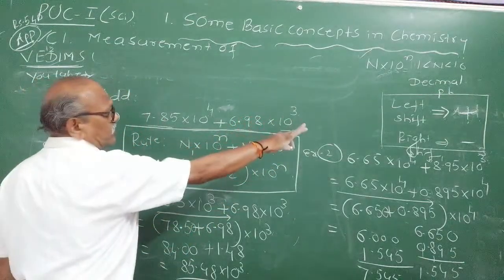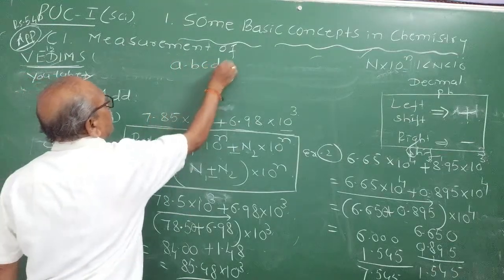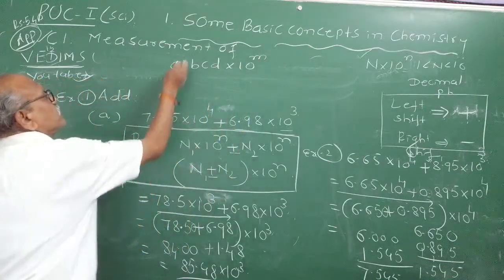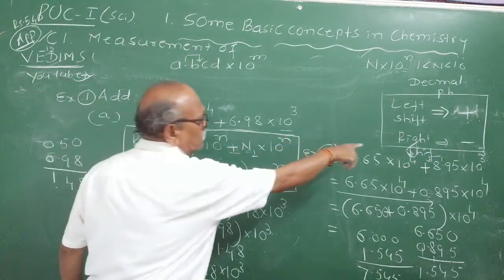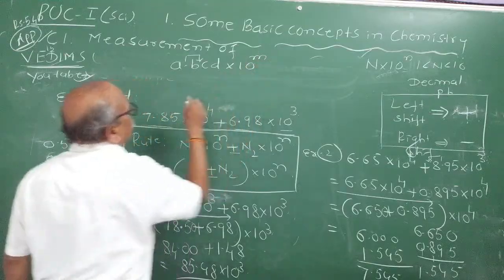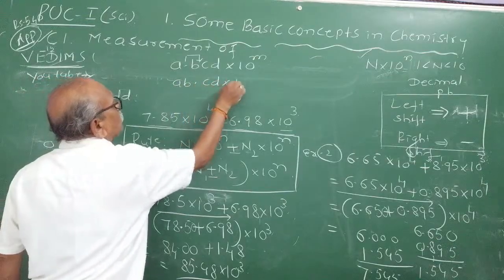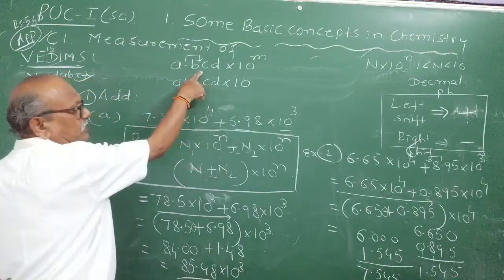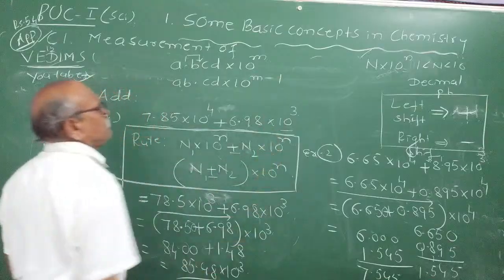Suppose you have A.BCD into 10 raised to m and you shift the decimal point one place to the right, you have to subtract one from the power. Means you write AB.CD into 10 raised to m minus 1.